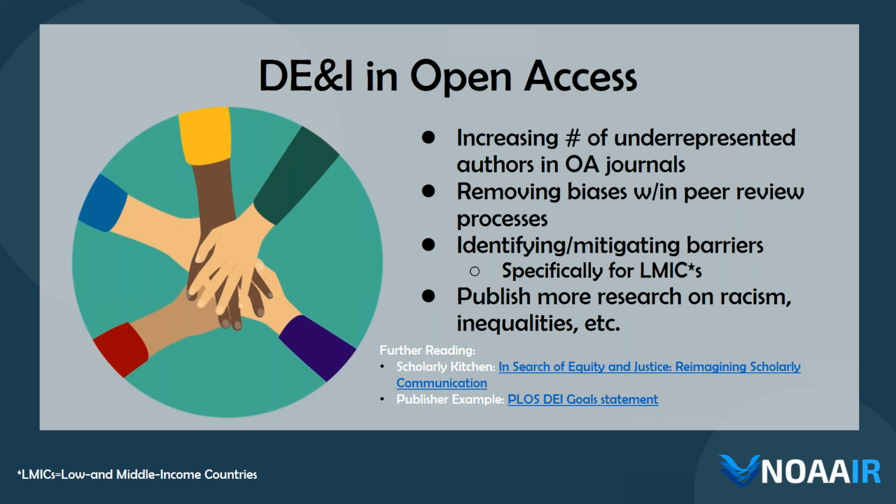So the two things I have linked here, one is a blog post from the Scholarly Kitchen that talks about this exact issue and how the scholarly community needs to reimagine publishing and how to incorporate these things.